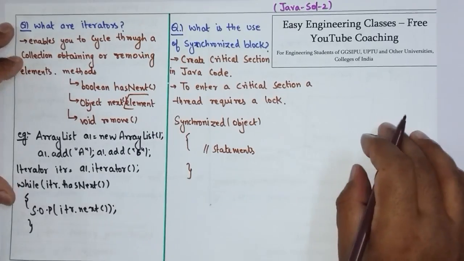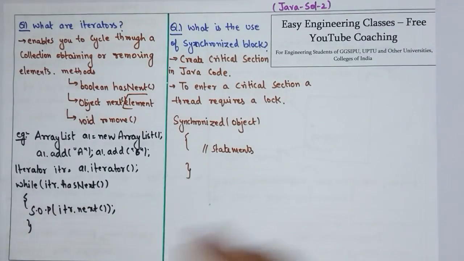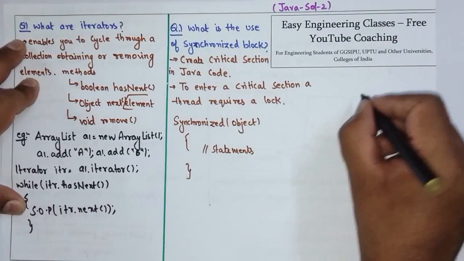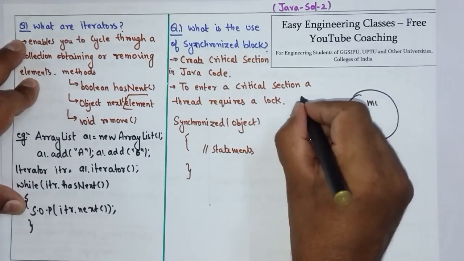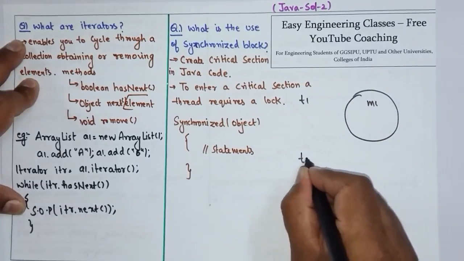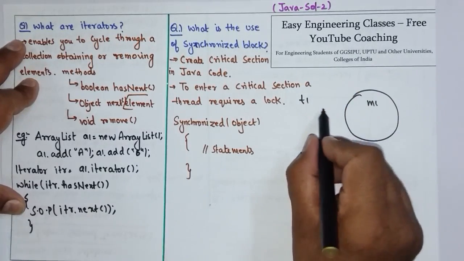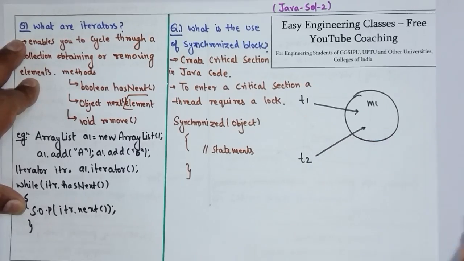अब इसका यूज क्या है सिंक्रोनाइज ब्लॉक का, ये तो हमें पता लगे कि क्रिटिकल सेक्शन बनाने के काम में आता है. See, the problem that happens is, if we have a resource m1 and there are two threads t1 and t2. Now threads run concurrently, so they can access this m1 simultaneously.